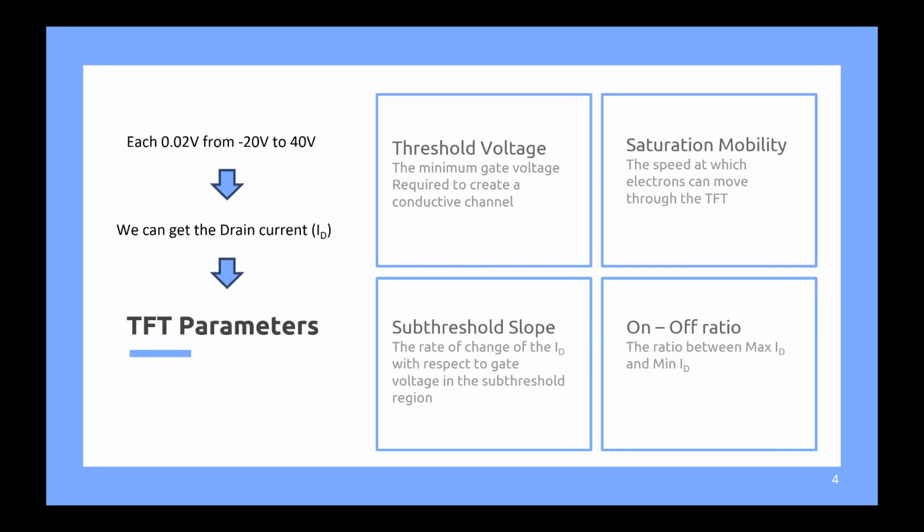Various mathematical calculations on the measured electrical data yield four parameters: threshold voltage, saturation mobility, subthreshold swing, and on-off ratio. These parameters were used to evaluate the performance of the device.